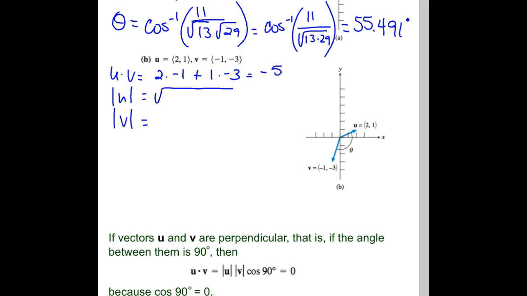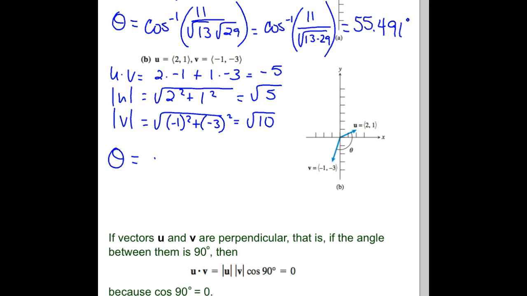Magnitude: we have first squared plus second squared, which gives us the square root of 5. And then for v, first one squared plus second one squared gives us the square root of 10. So to find the angle between the two vectors, we're going to do inverse cosine of what?